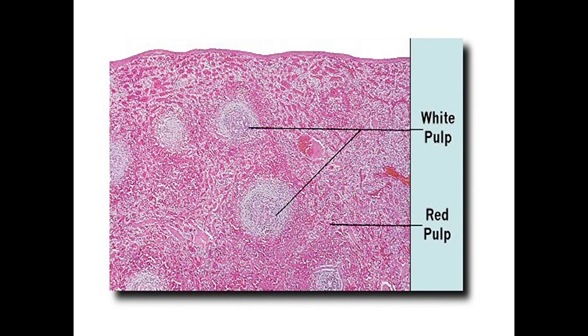This slide gives us the difference between the white pulp and the red pulp. The white pulp contains the lymphoid tissue, while the red pulp does not contain lymphoid tissue. It is just red in appearance because of the blood cells present.